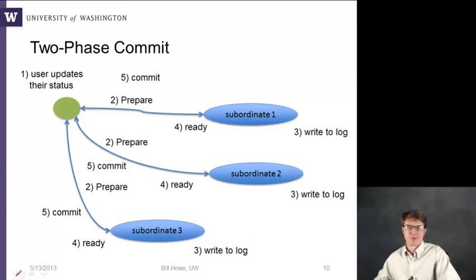Okay, so there's a couple of problems with this. One is there's some dependencies on the coordinator here, that if the coordinator fails at the wrong time, things can go kind of screwy.